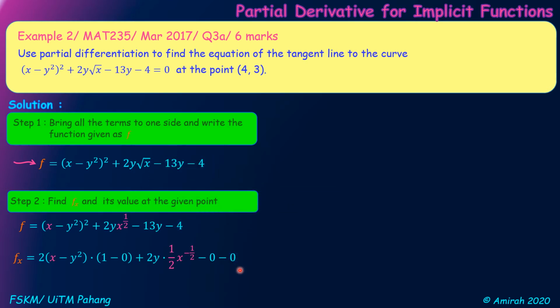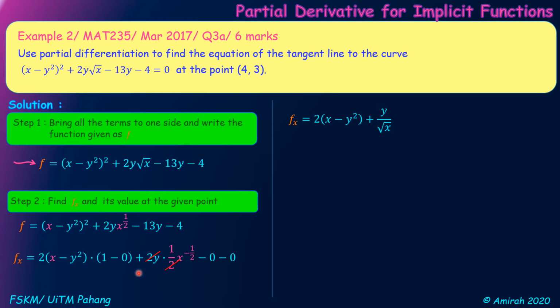Alright, after that, we can simplify. From here, we can simplify 2 and 2. After we simplify, we get fx equals 2 times 1, which is 2, times (x minus y squared).